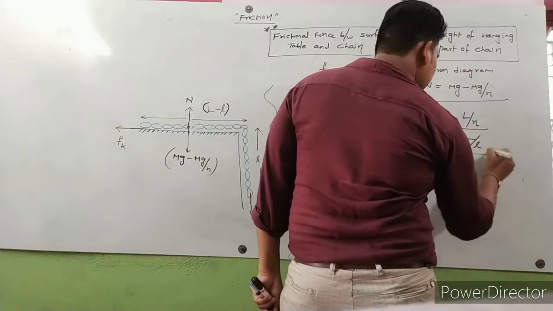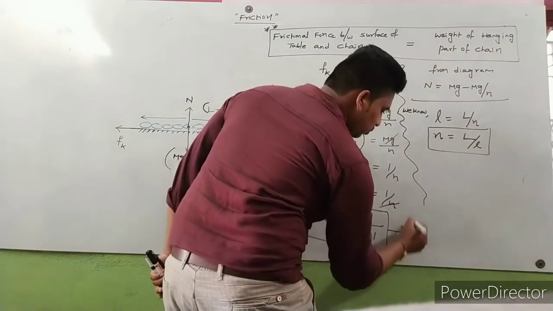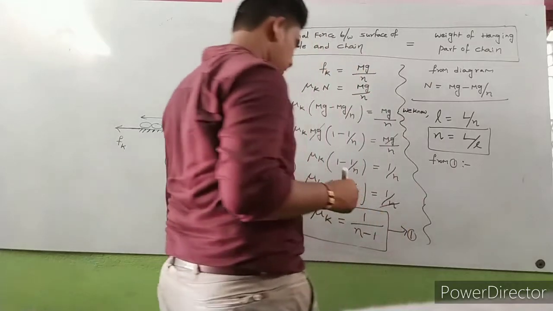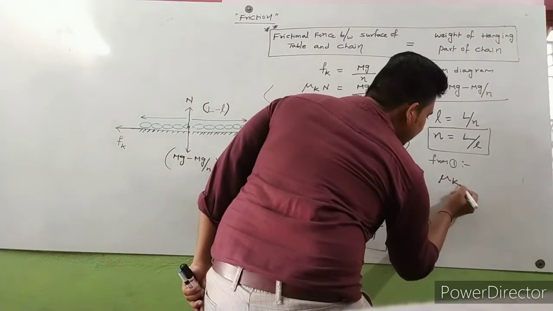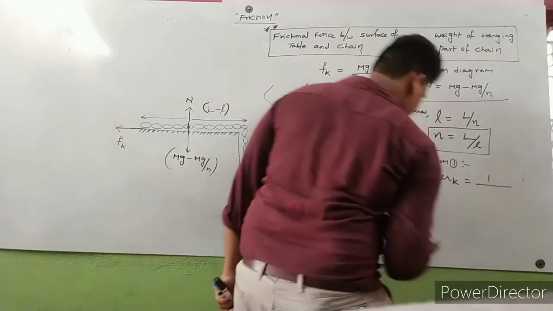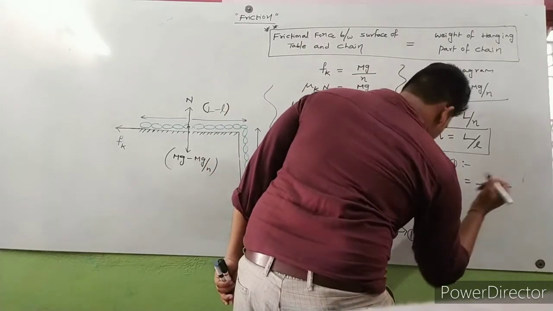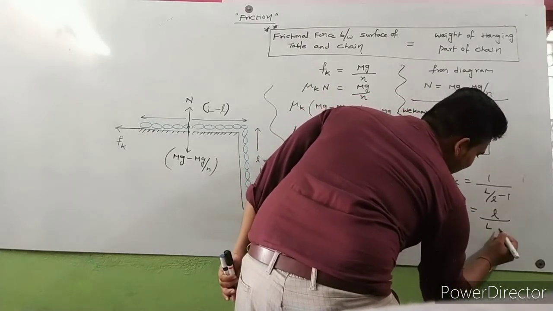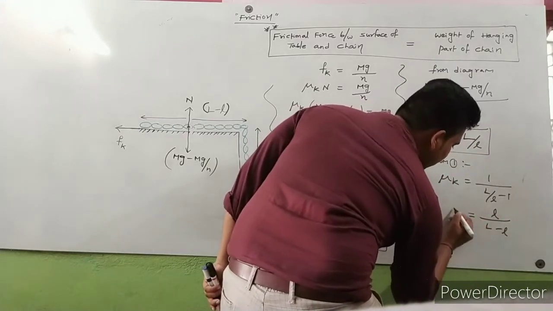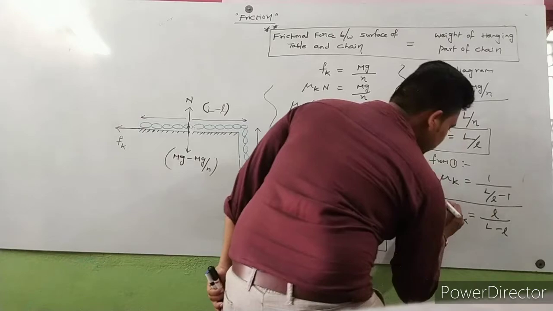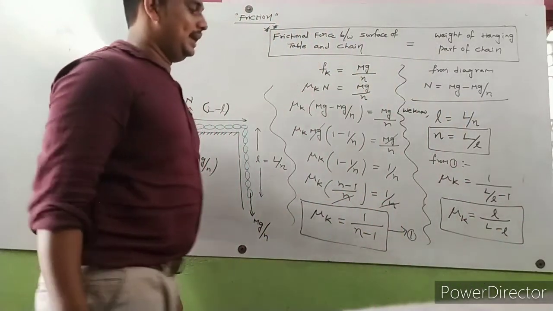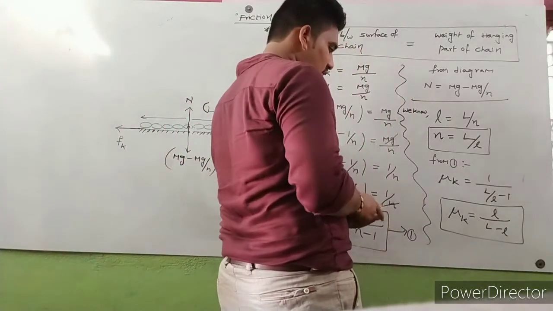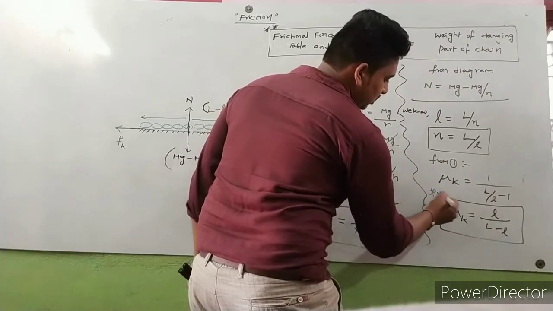From this, mu k is equal to 1 by small n, that is capital L by small l minus 1. Here L moves to the numerator: capital L minus small l. So mu k is equal to small l by capital L minus small l. This is a very important coefficient of kinetic friction.